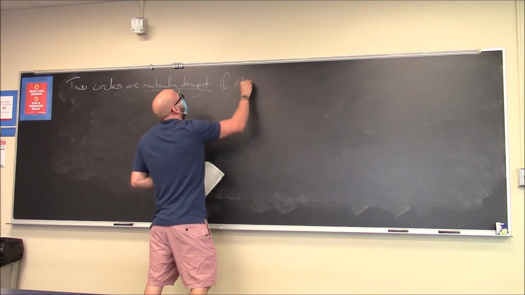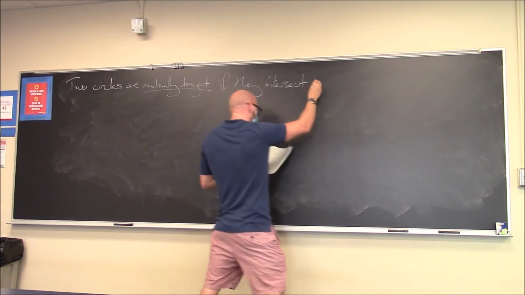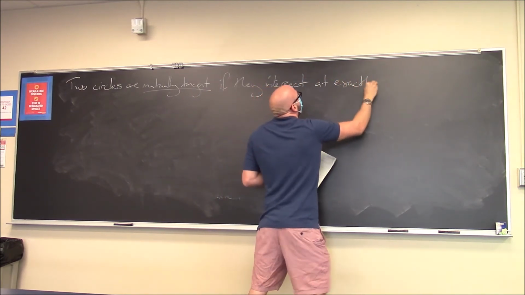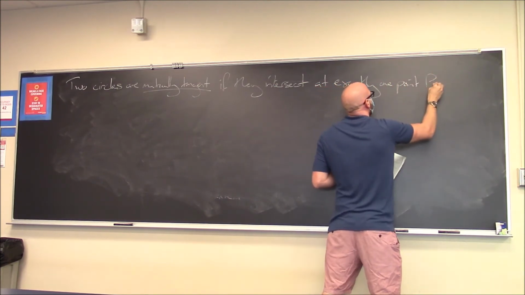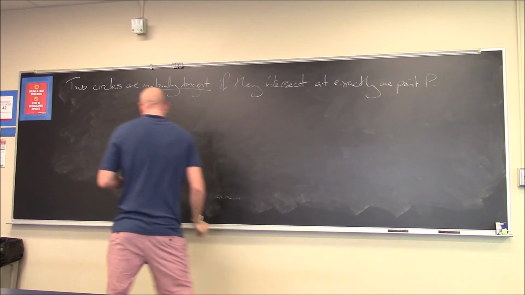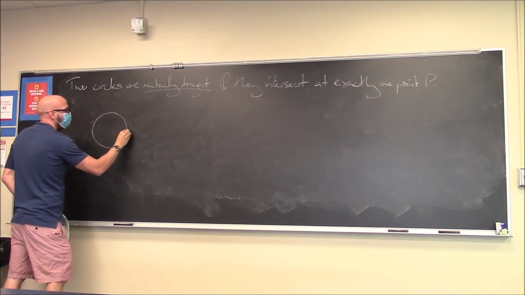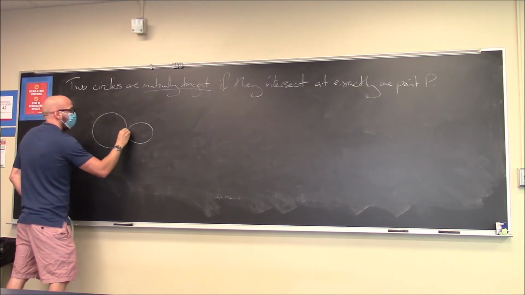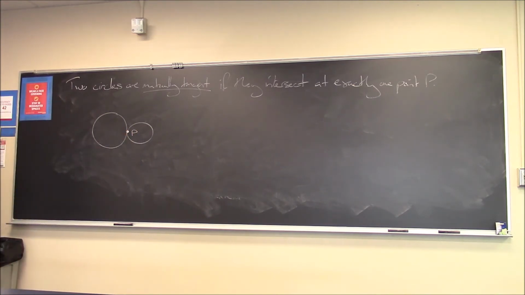So if they intersect at exactly 1 point P. Alright, so there's P. So those are 2 mutually tangent circles.